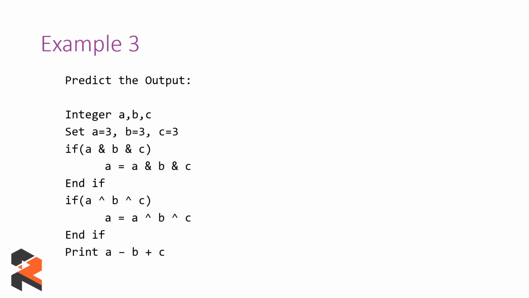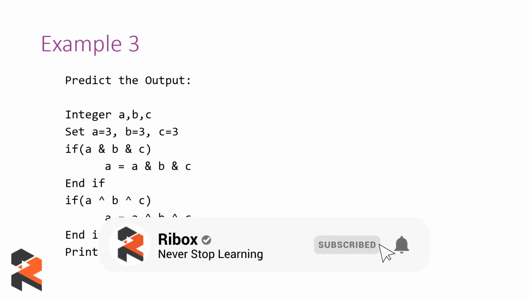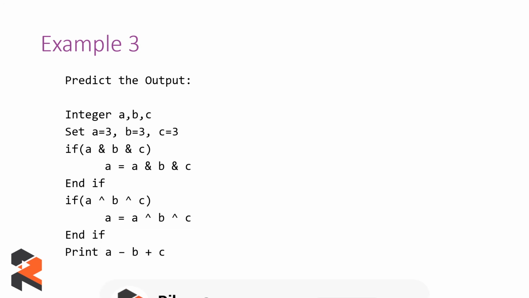In the second case, that is the second part of the code, we have A XOR B XOR C. So here we are performing XOR operation again between A, B and C. Now if your variables had different values, then you had to do the calculations accordingly. However, in this case the value of A, B and C are one and the same, so basically your answer will again be unchanged. So in this case the variable A will again store the value 3. So your variable A has the value of 3 from the start to the end.